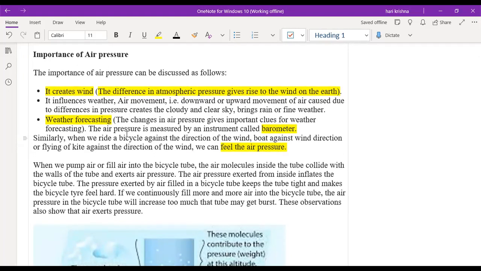Why will the gases exert pressure? Shiva, what is the answer? Ritik Reddy.